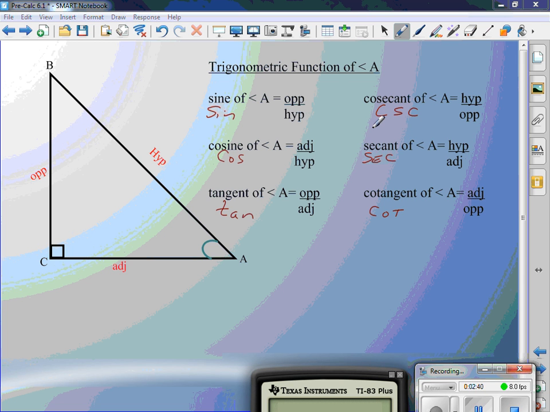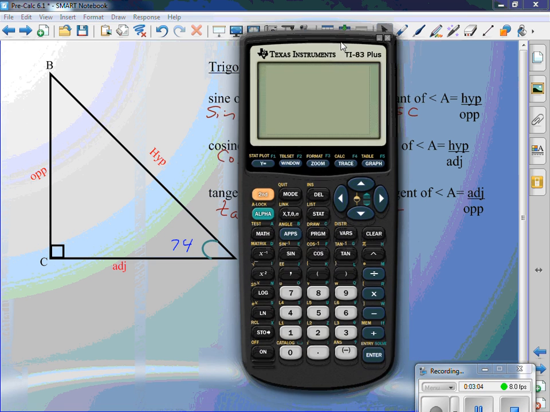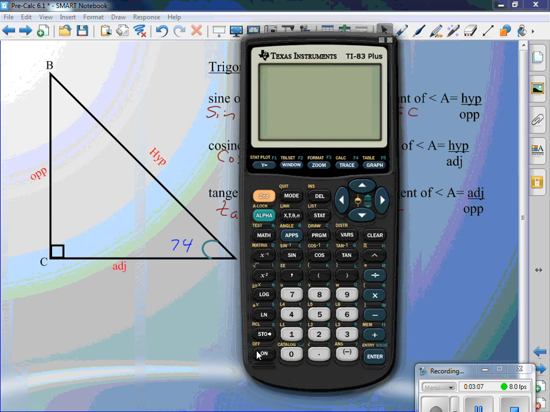All right, someone mentioned the inverse button. Give me an angle. 74. It doesn't matter. On your calculator, there's a couple things you have to be careful of.